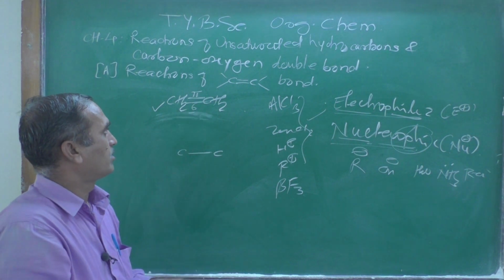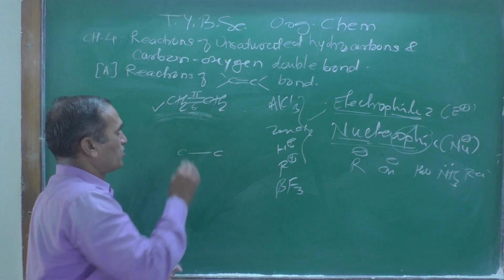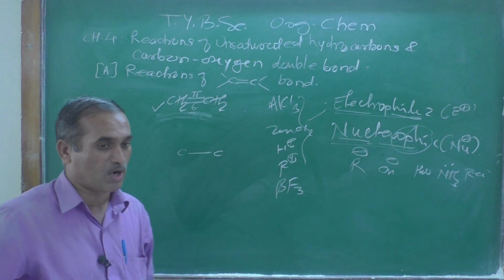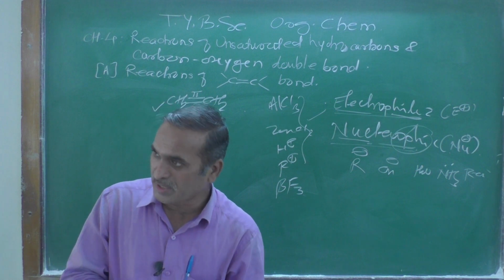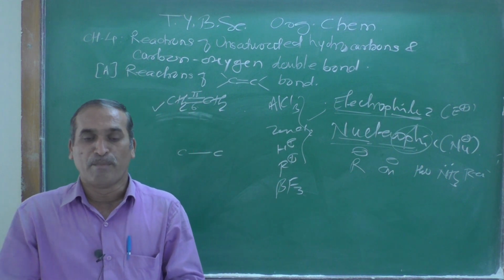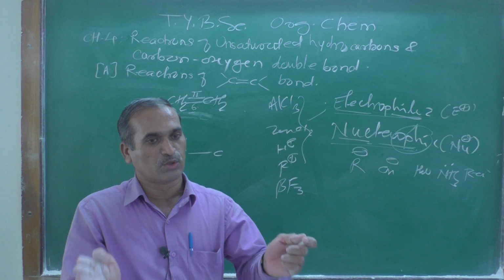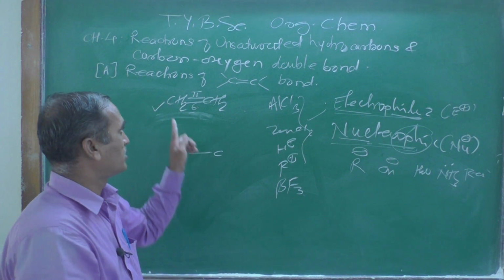That type of bond is called a sigma bond, and it is a very strong bond because maximum energy is required to break that bond.